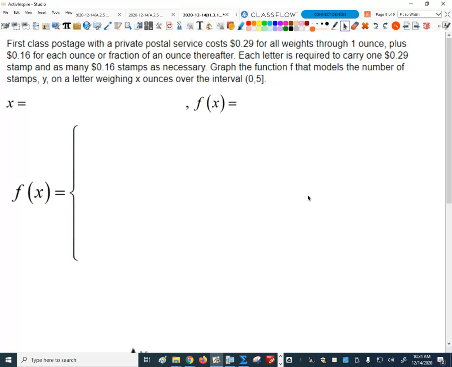Okay. So if you have a letter that weighs 0.05 ounces, if that's possible, how many stamps are you going to need? Just show me fingers. You're going to need one, aren't you? Right? How about if you have a 1 ounce letter, how many stamps do you need?